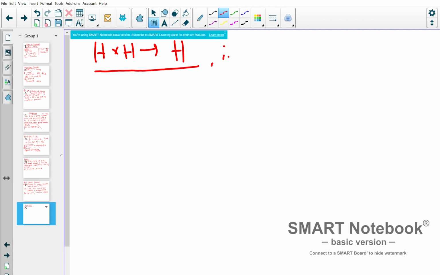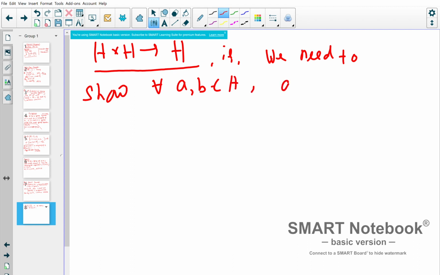That is what I need to prove. We need to show that for all A, B belonging to H, A times B is also an element of H. This is what we need to show, right?